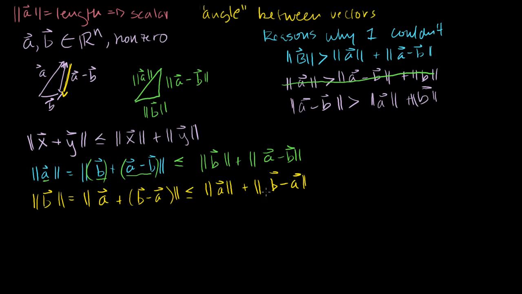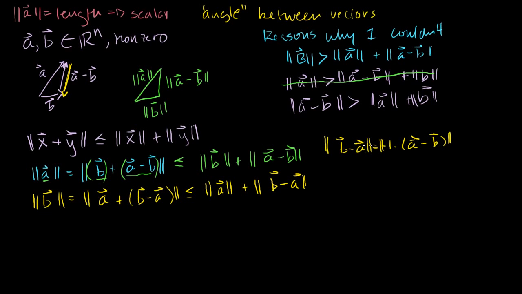Now you're saying, hey, Sal, you're dealing with B minus A. This is the length of A minus B. And I could leave this for you to prove based on our definition of vector lengths. But the length of B minus A is equal to the length of minus 1 times A minus B. I'll leave it to you to show that these lengths are equal.